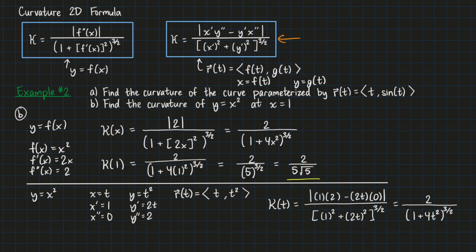We wanted to evaluate the curve at x equals 1. We have kappa as a function of t now. When we parameterize, we set x equal to t. And since x equals 1, t equals 1. So evaluate this at t equals 1. And we get the same answer.